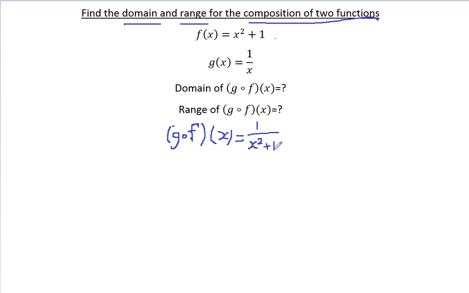Now how do we find the domain? To find the domain, we will use this formula.